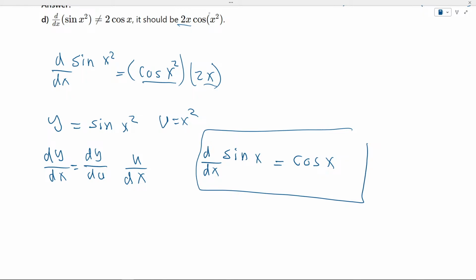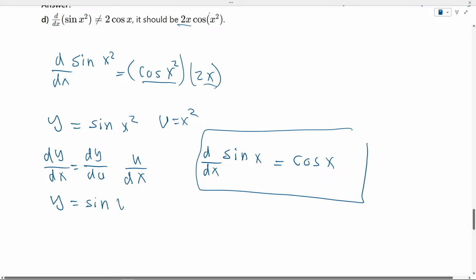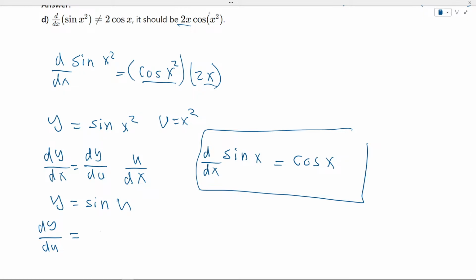So now y is equal to sine u. What is dy with respect to du?